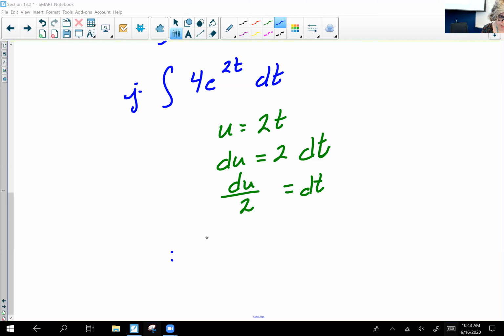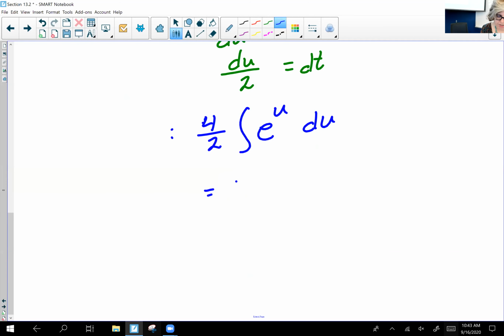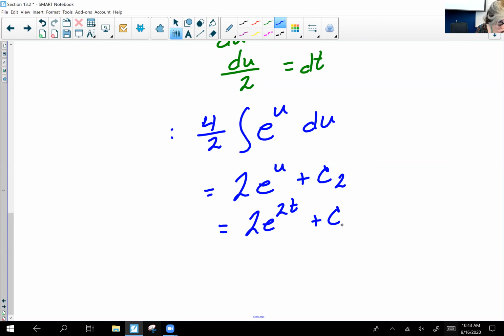So what do we end up with here then? We'll pull the 4 and the 2 out front. We're then going to have an e to the u du. So that's going to then become 2 e to the u plus c. All right, and I'm going to call this C2 because it is a different constant. And so this ends up being 2e to the 2t plus C2. You know what? I changed my mind because that's DiffyQ notation, isn't it?